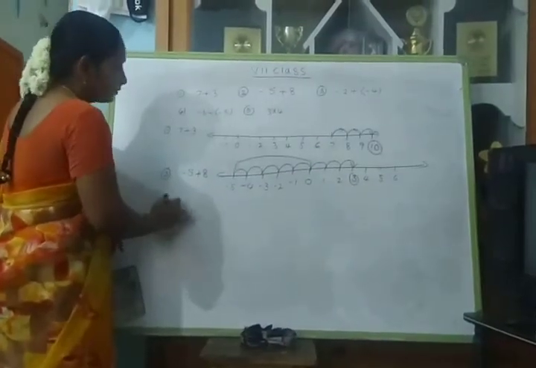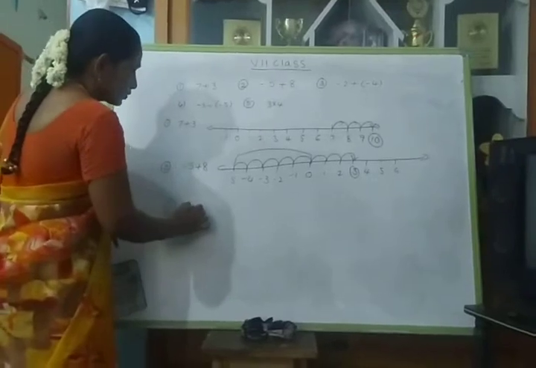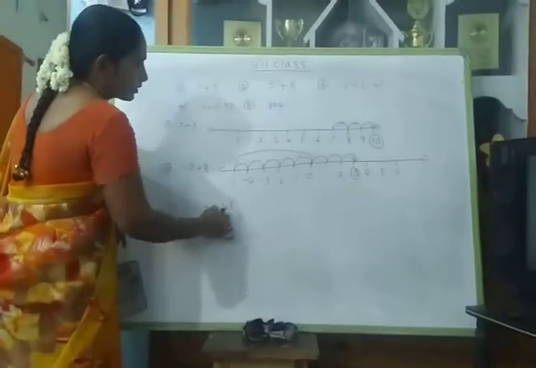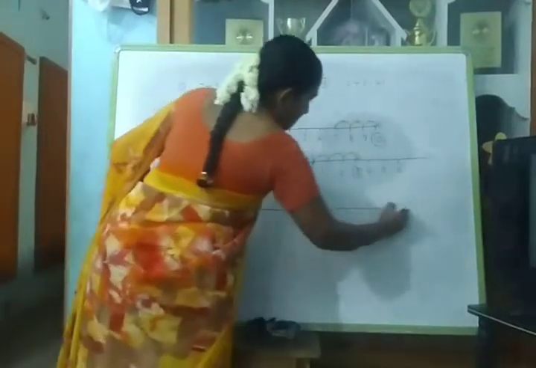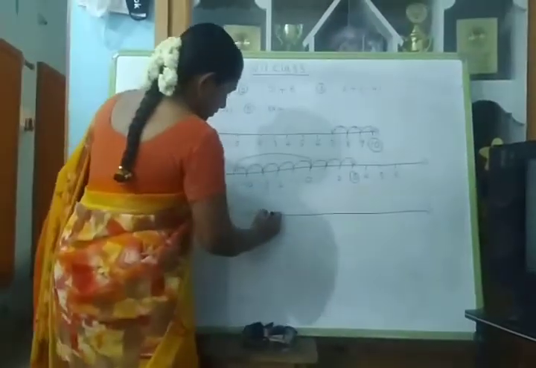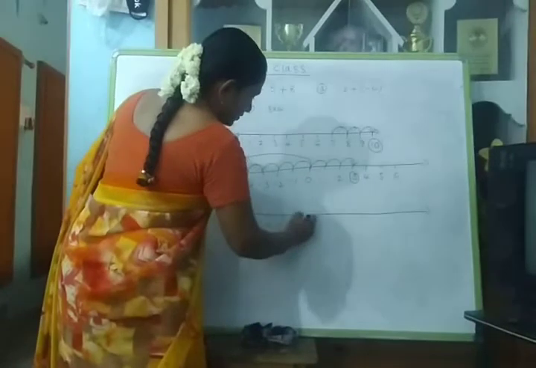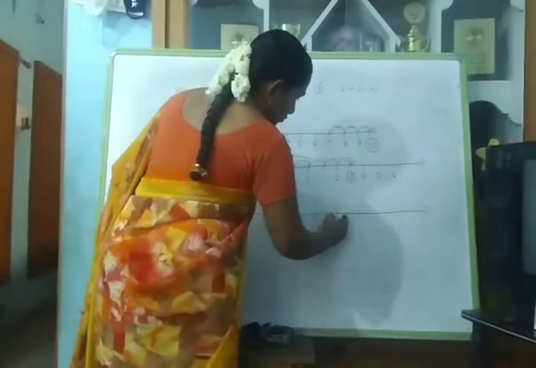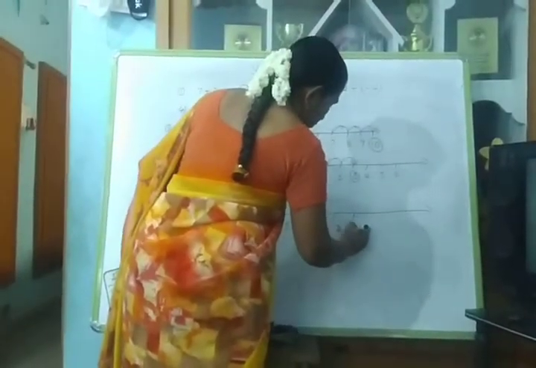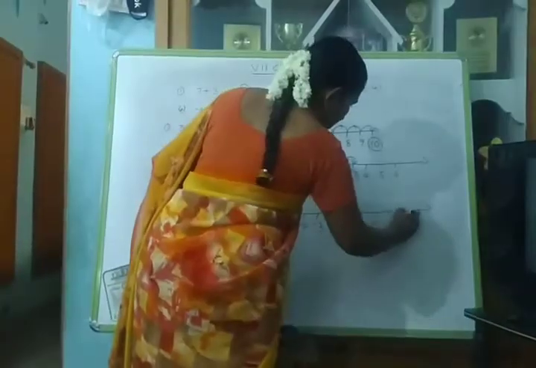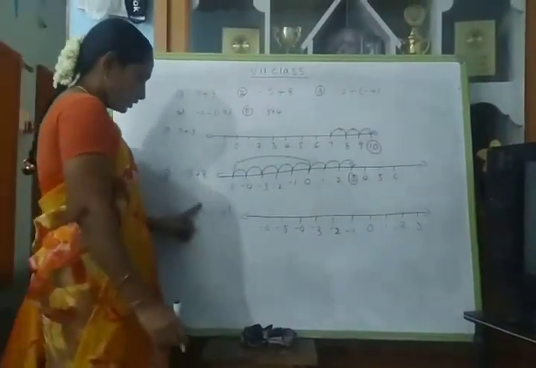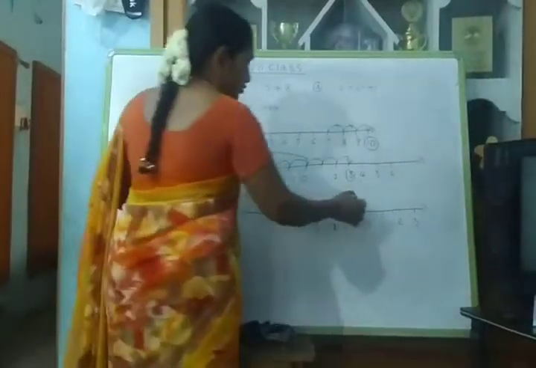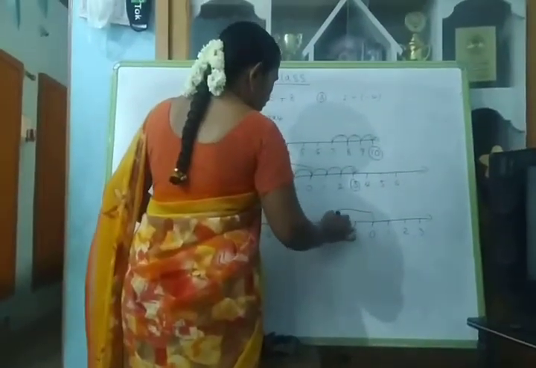Next, third one. Minus 2 plus of minus 4. See here: minus 6, minus 5, minus 4, minus 3, minus 2, minus 1, 0, 1, 2, 3. First, which integer do we have? Minus 2, so move from 0 to minus 2.